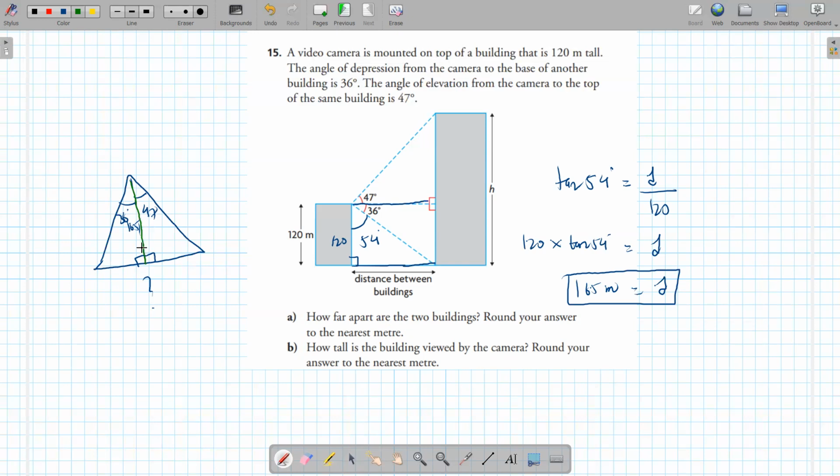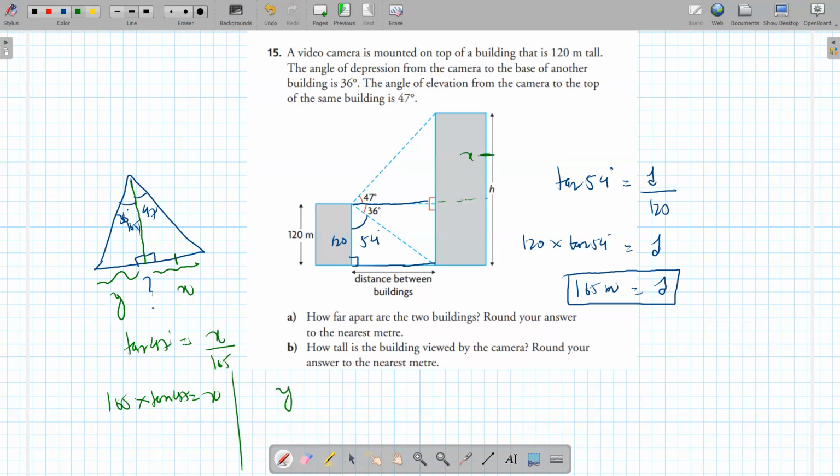So is this a sine, cos, or tan? How do we find this side? It's tan. It's tan, exactly. So it's going to be tan 47 is equal to x over 165. So x is going to be 165 times tan 47, where x is this distance here.